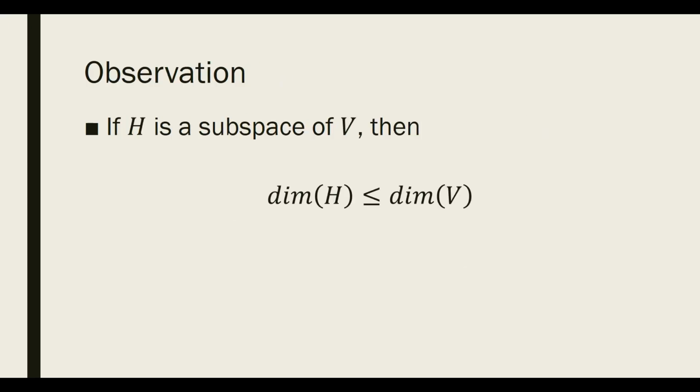And that has to be true no matter what H and no matter what V we deal with. If H is a subspace of vector space V, then the dimension of H has to be less than or equal to the dimension of vector space V. So if I'm looking at a subspace of R5, the dimension of that subspace is going to have to be 5 or less.